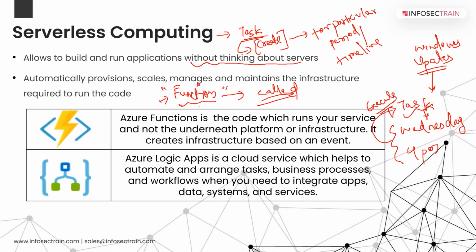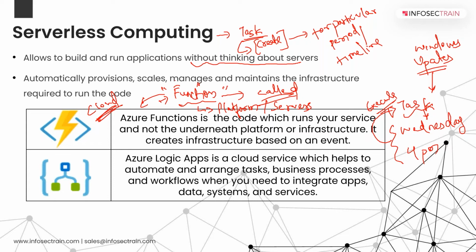Okay, so these functions will not be present over your platform. These functions will not be present either on your platform or on your servers. These functions will be present on your cloud. So whenever the time comes, they will be requested from this particular cloud, and they will execute their function over there.